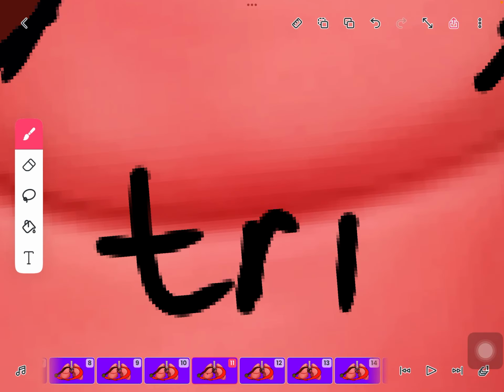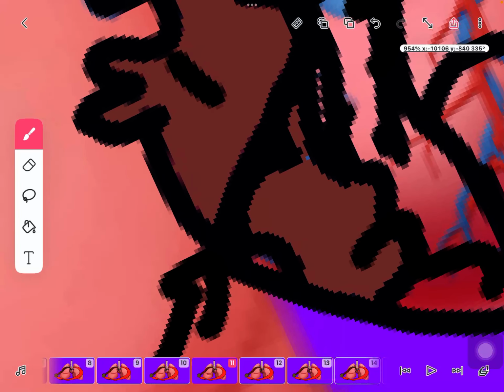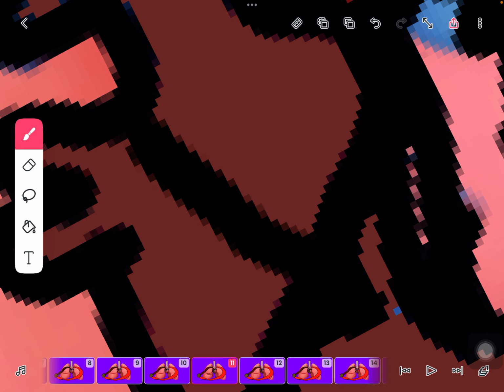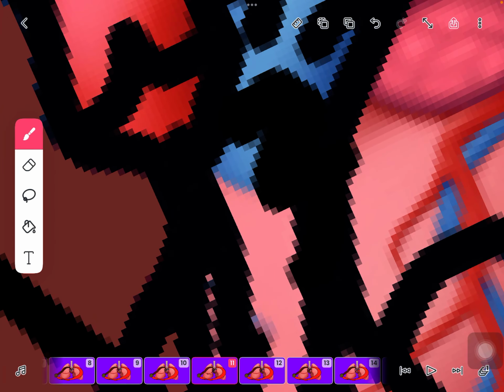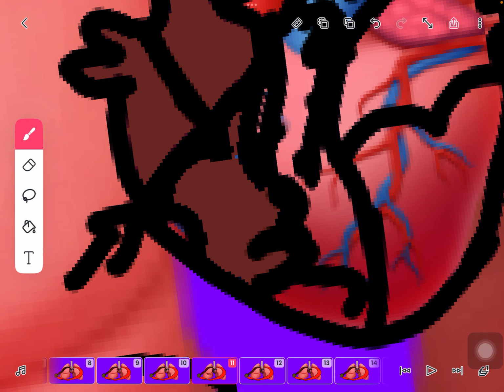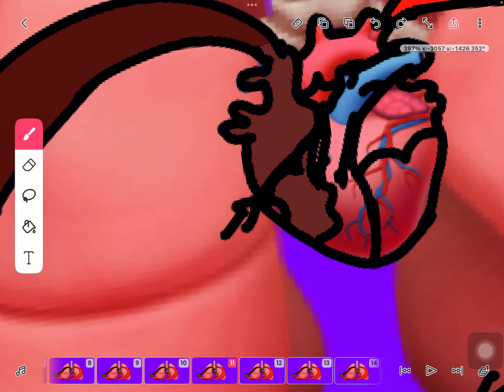Tri means three, and the tricuspid valve is called that because it is in between three places: one, right atrium; two, this thing, what is it called? I forgot. Pulmonary vein or artery. And three, the third place, right ventricle. So yeah, that's the easy way to remember the tricuspid valve.